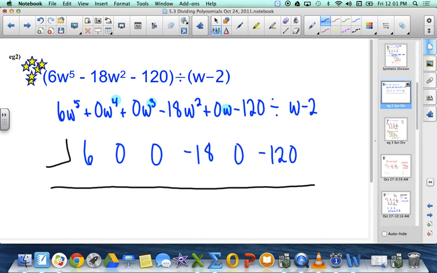So what are you dividing by? Positive 2. It's always the opposite sign. So we're dividing by positive 2.